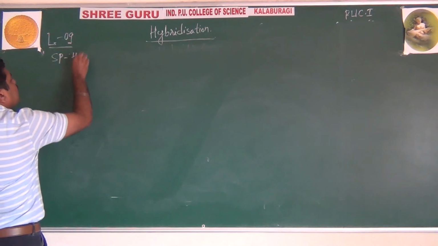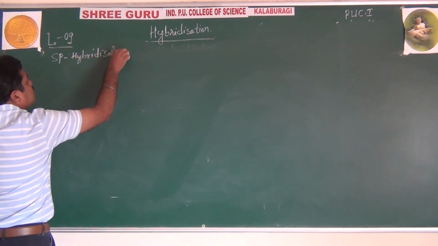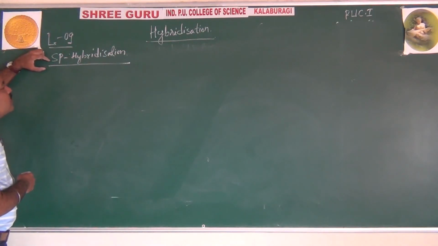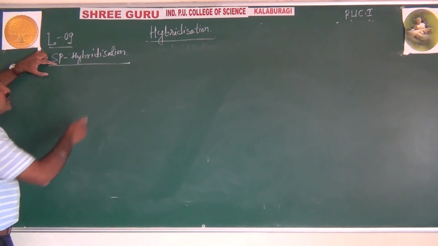What is sp hybridization? It is the intermixing of one s atomic orbital and one p atomic orbital to form two new sp hybrid orbitals of equivalent, identical energy, forming a linear shape of 180 degrees.